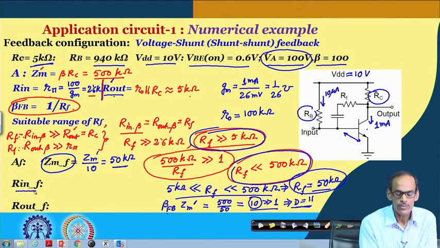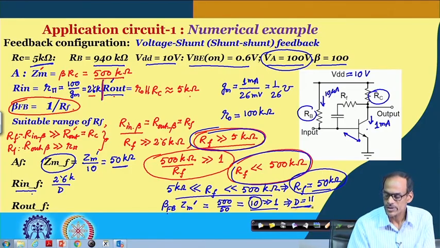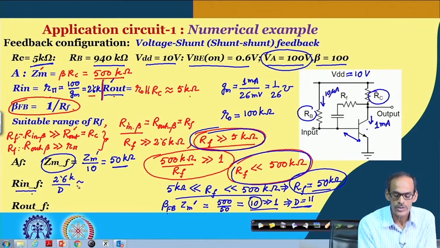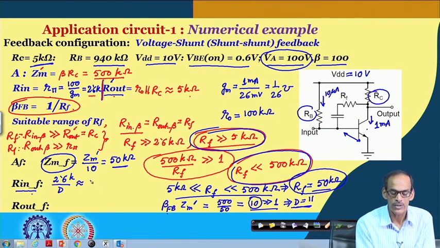And the input resistance of the feedback system is 2.6 K divided by D. So, either you can consider D equal to 11 or approximately 10. If I consider approximately 10, it becomes 0.26 K, or you may say 260 ohms.